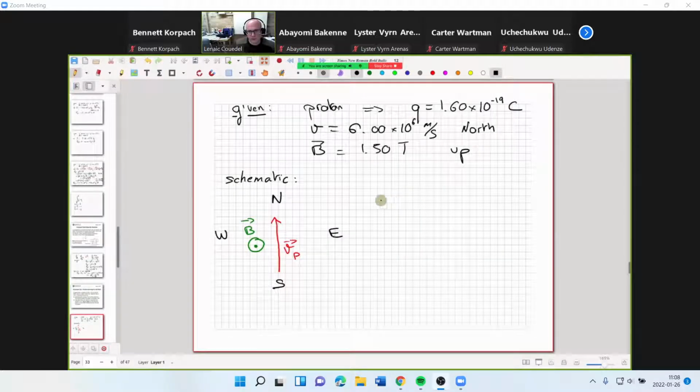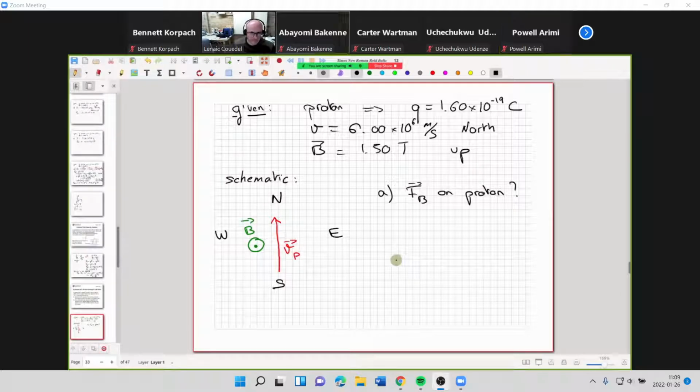So FB on proton. Using the right-hand rule, what will be the direction of the magnetic force? Can you repeat, please? East. East, exactly.